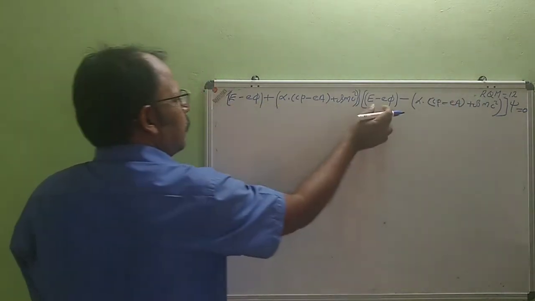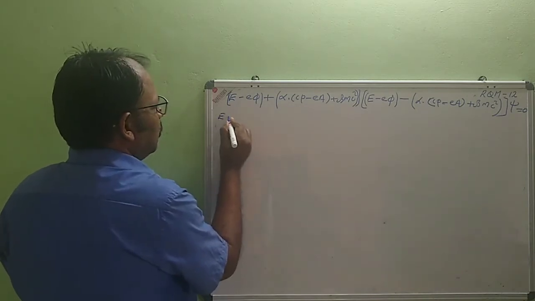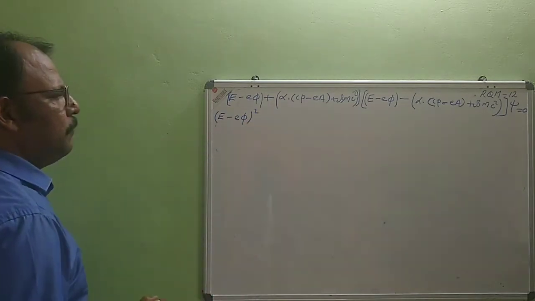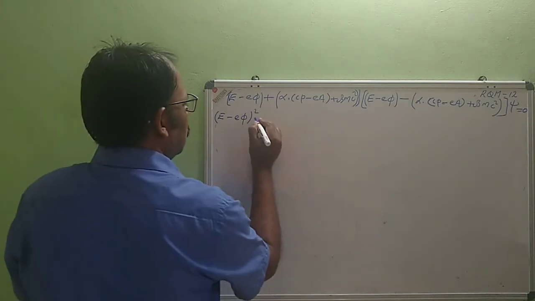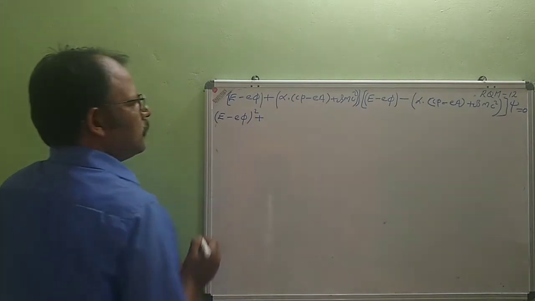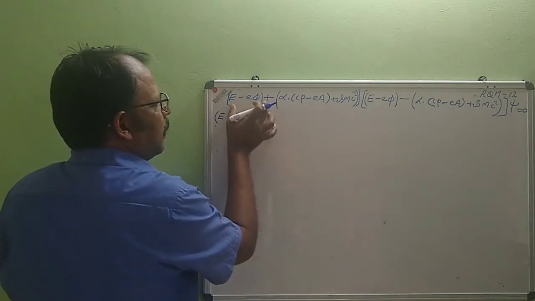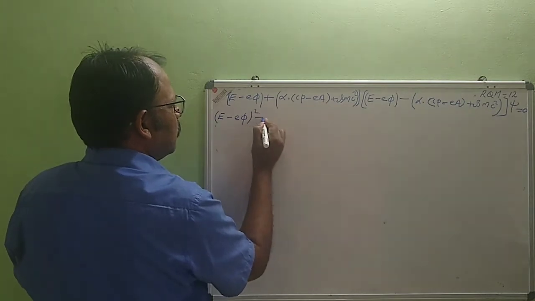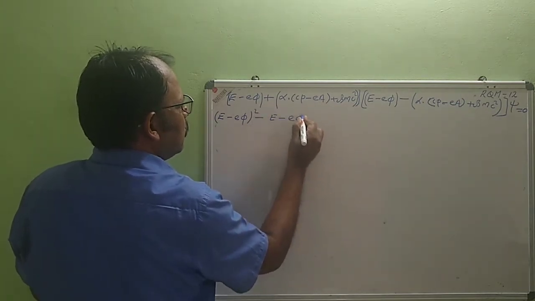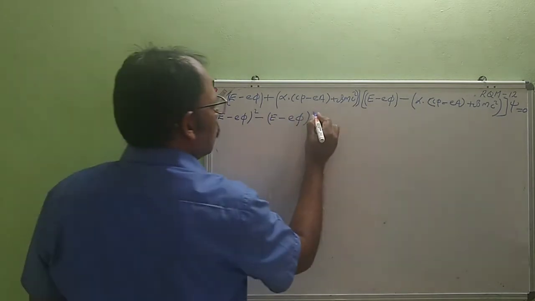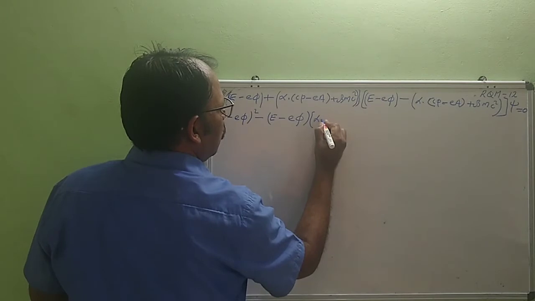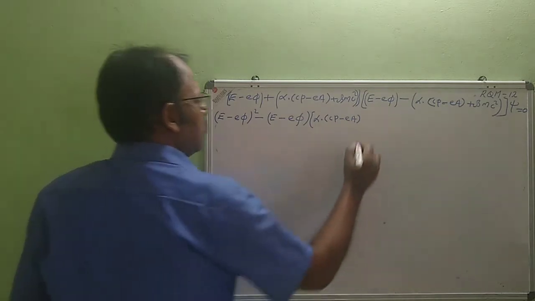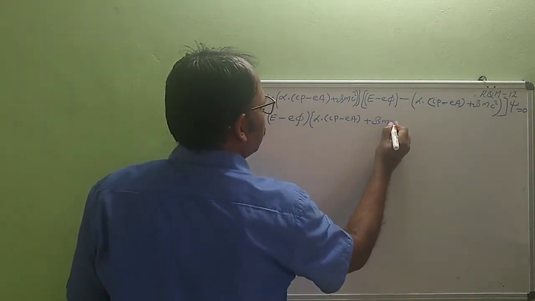So E minus e phi into E minus e phi, that first term we can write as E minus e phi the whole square. Now plus E minus e phi into minus this term, so it will be minus E minus e phi into alpha dot (cP minus eA) plus beta m c square.